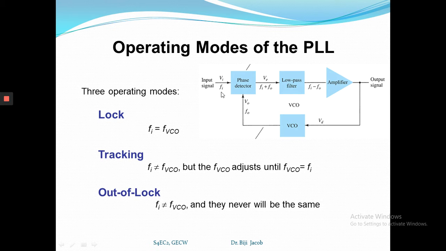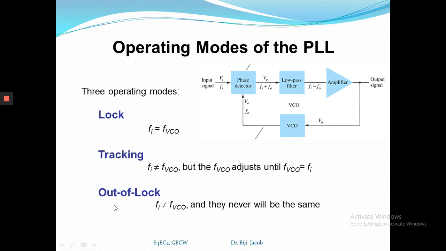When the input frequency is nearby the VCO's free running frequency, it will get locked, and the VCO frequency will be exactly the same as the input frequency. If the input frequency is not equal to the VCO's free running frequency but is nearby, it will track and capture the input and come into the lock condition, so that the VCO frequency will be exactly the same as the input frequency.